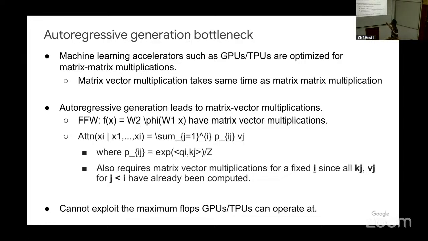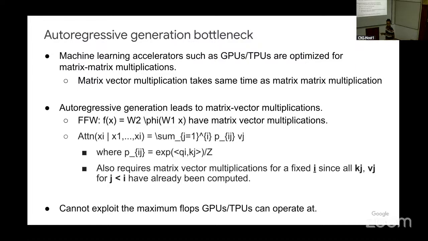The main benefit of these GPUs and TPUs is that they are optimized for matrix multiplication. So you have large matrices that you want to multiply, and GPUs and TPUs are optimized to do these computations very effectively. One way to think about this is that on these devices, matrix vector multiplication takes similar time as matrix multiplication, right?